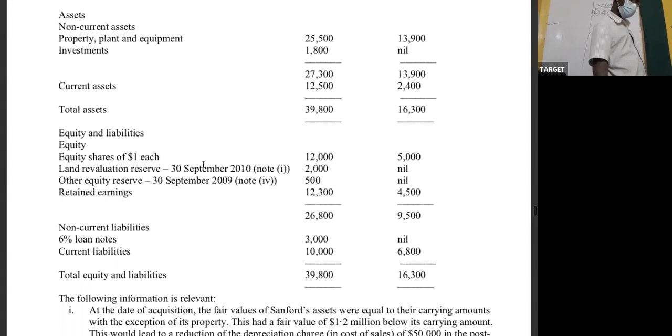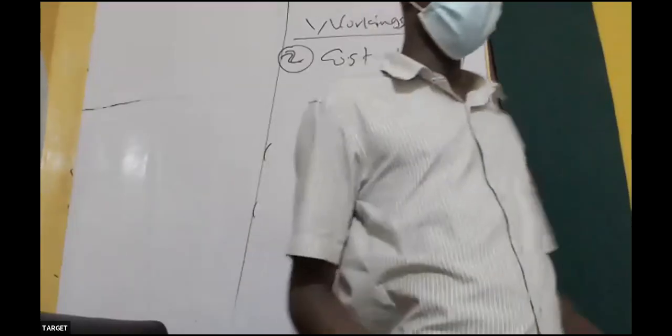Equity, $1 each. So that means the subsidiary has 5 million equity shares, because $5 million divided by $1 will give us 5 million. So that's the entire share. So 80% of 5 million will give us the number of shares acquired by the parent.